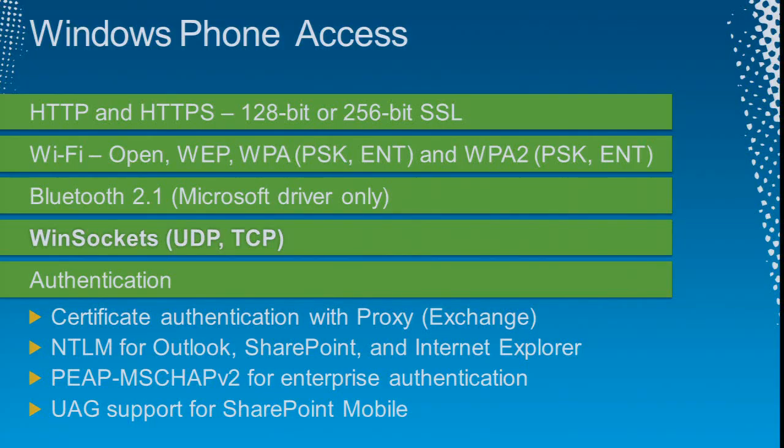How many people have hidden Wi-Fi at their organizations? Okay, good. So in Mango, we will allow you to connect to a hidden Wi-Fi. I'm not going to be able to show that to you today. It's going to be in a future build than I have up here on stage. This is one of the oft-asked-for features and upgrades to the current release. So that's good news for us enterprise users.